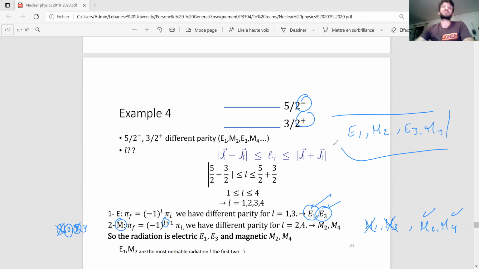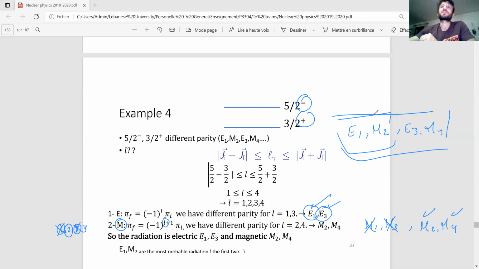These are the results. But you always have to know that the first two transitions, E1 and M2, are the most likely transitions. We have a higher probability to have E1 and M2 than E3 and M4.